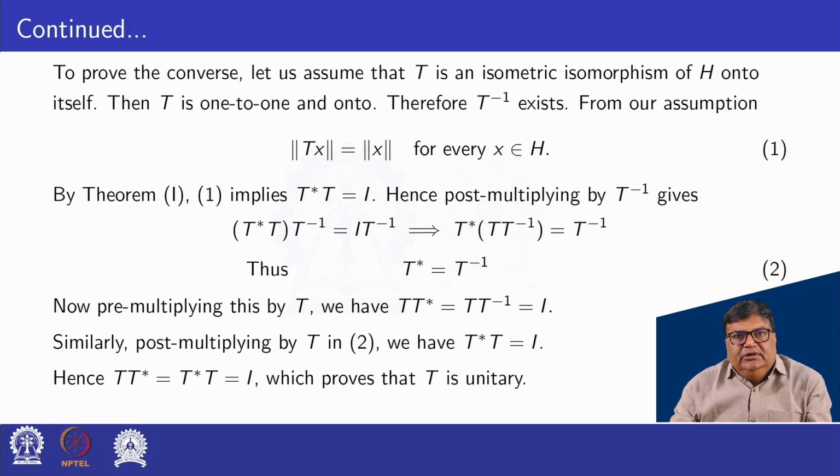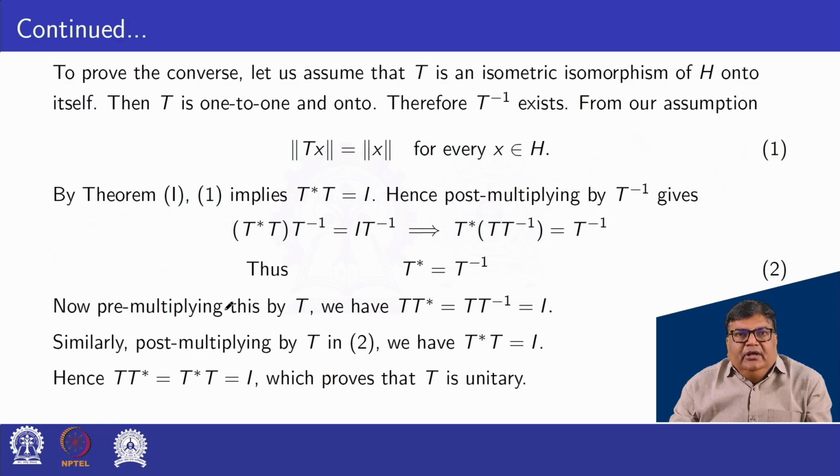This implies T star into T T inverse, that is T star applied on T T inverse, which is I, and I T inverse is T inverse. Thus T star is equal to T inverse.